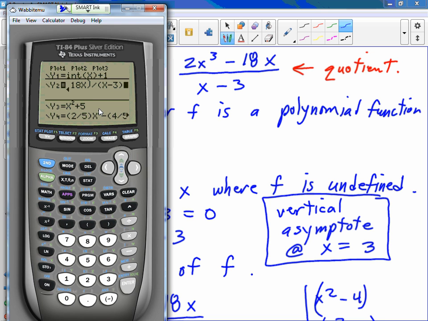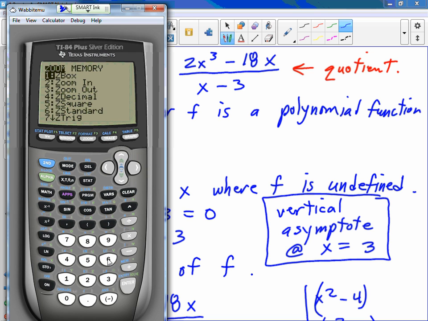And we said we had roots at 0 and 3, so again, our zoom 6, our standard 10 by 10 should work. And there we go. There's a root at 0 and a root at negative 3. And that's good. But wait, let's see if we can get an asymptote out of this deal at positive 3. I want to see what that one looks like. So that would be up higher.